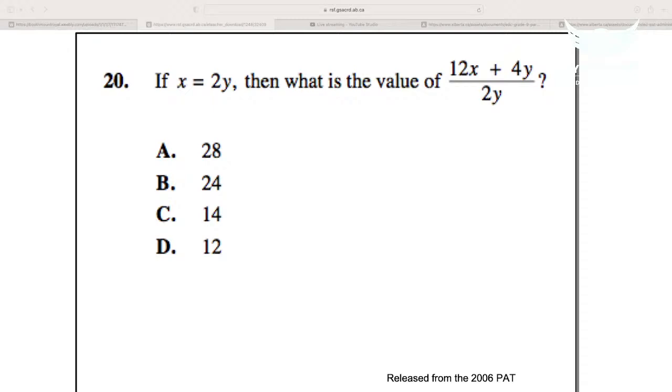So if x equals 2y, then what is the value of (12x plus 4y) over 2y? Okay, so what we need to do is (12x plus 4y) over 2y.